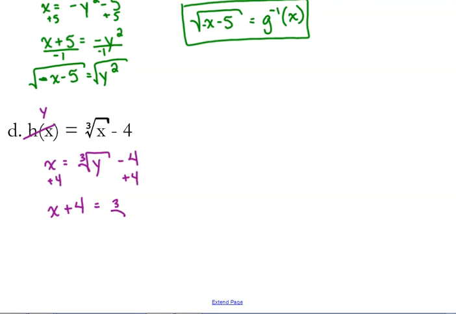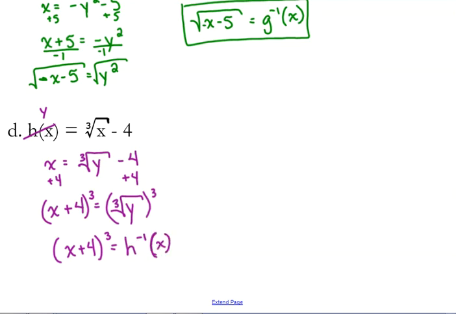So we have to start by adding 4. Then we can do the opposite of taking a cube root, which is raising it to the 3rd power. And we have our inverse. H inverse of x is x plus 4 cubed.